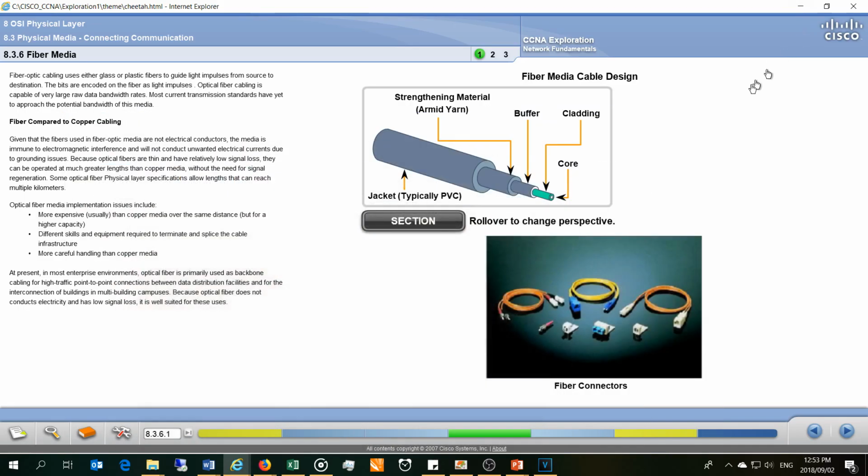So if we go back to this slide here, we can see that the fiber core itself is very small, but then it has to have a cladding so that the light rays do not leave the glass core. Although you do sometimes get plastic fiber cables for short distances.